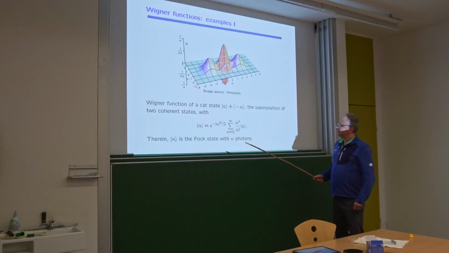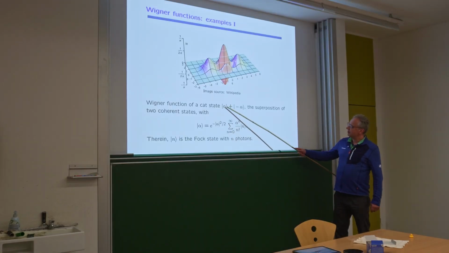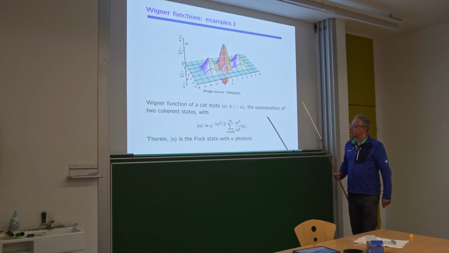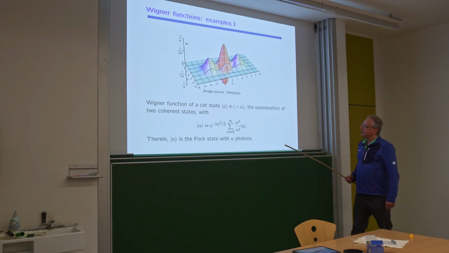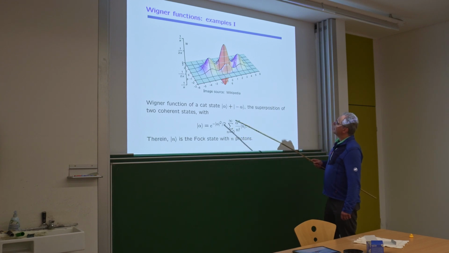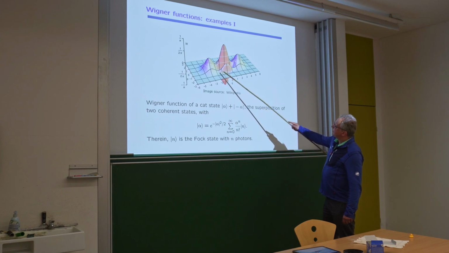But now you look at the Wigner function not of this thing alone, but of the superposition of two of them, one centered around alpha and one centered around minus alpha. And that Wigner function has structure. It's no longer just a blob, just a peak, but it has these interference effects.